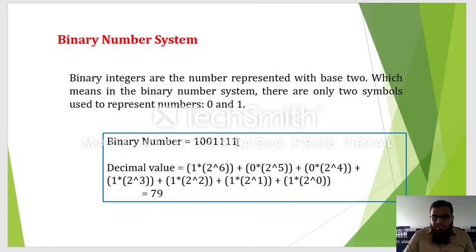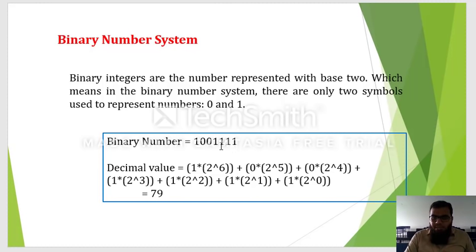So how can we convert that into a decimal number? The binary number system uses only two numbers. From the right hand side, the first number is at the place of 2 power 0. The second number is at the place of 2 power 1.